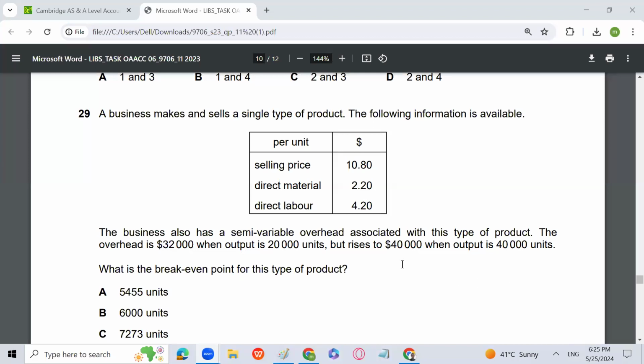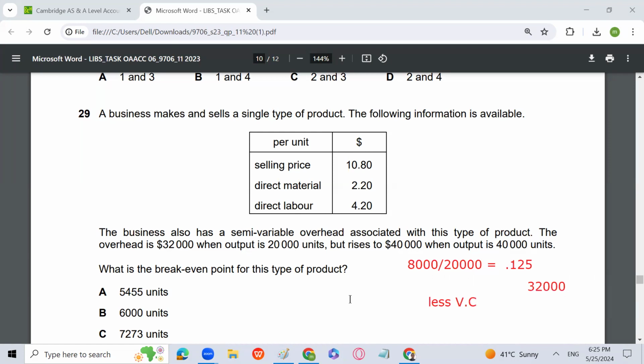So change in cost, 40,000 minus 32,000, that is 8,000. And change in units, 40,000 minus 20,000, that is 20,000. So 8,000 divided by 20,000, what is the variable overhead rate? That is 0.125, if I'm not wrong. So we will use 20,000 units, where total cost is 32,000, and we will subtract the variable cost from this.